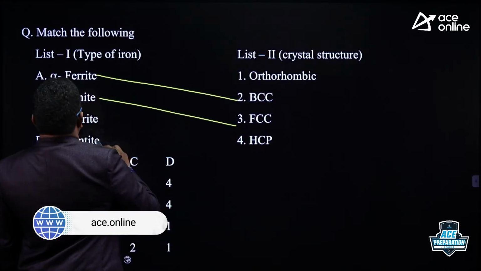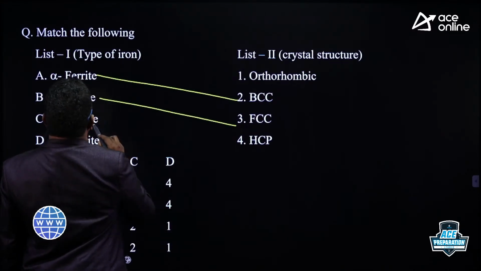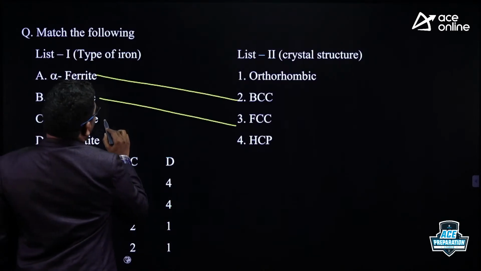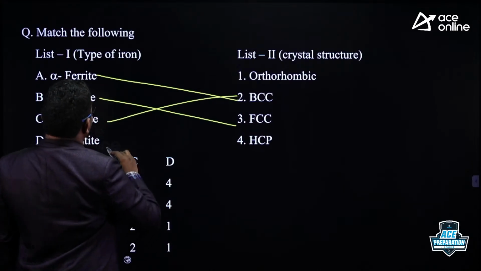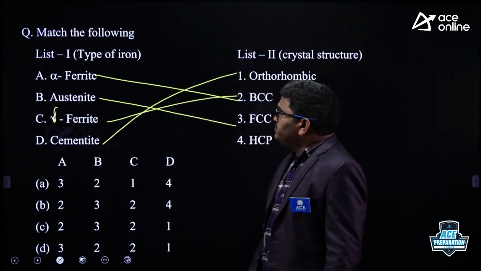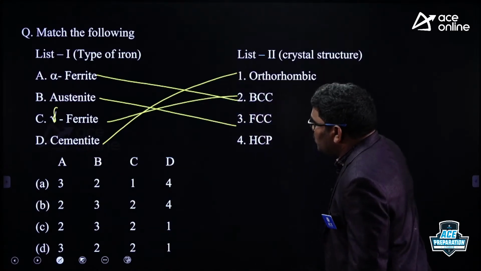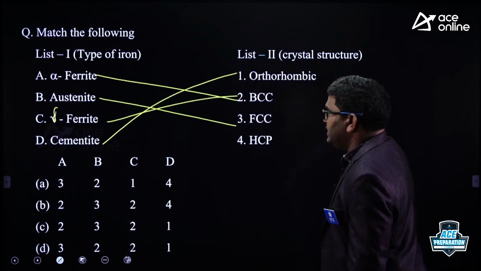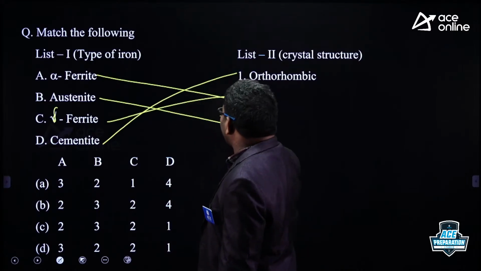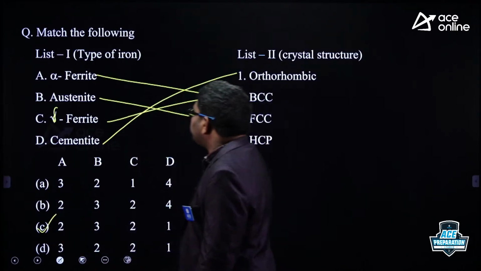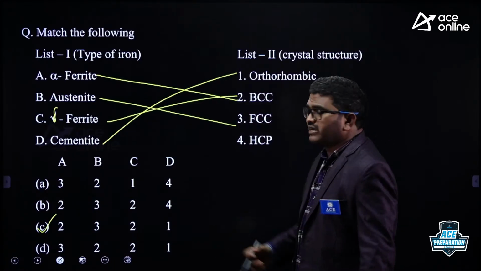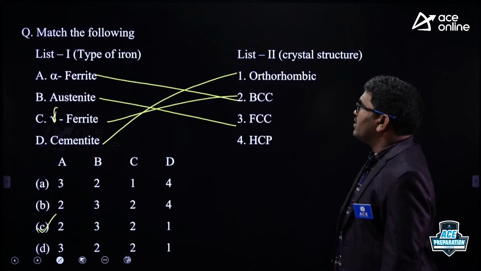Delta iron is again a BCC structure, and the cementite structure is orthorhombic. Okay. So A is 2, B is 3, C is again 2, D is 1. So the most appropriate answer for this question is C. The correct answer is C, right?